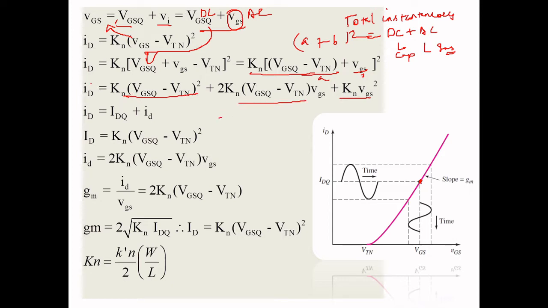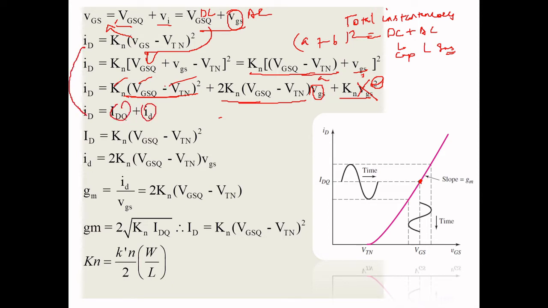Here all these terms, you can see, are capital. This is capital, this is capital, this is capital. But this one is multiplied with the small signal value. See this one, in terms of the square coefficient, it is noise, so you neglect it. So this will only be the DC value and this will only be the AC value. So I am rewriting this equation in terms of capital IDQ and small id.